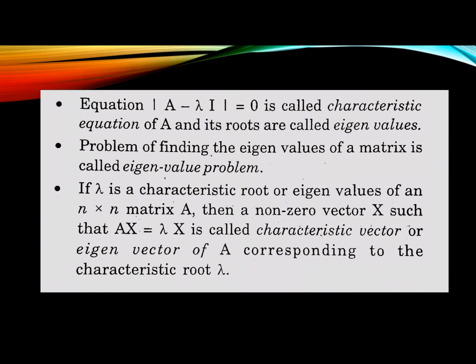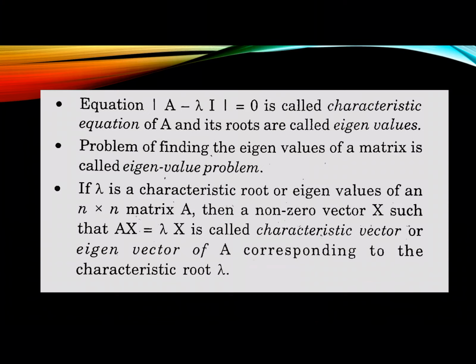There is an equation: the determinant of A minus lambda I equal to 0 is called the characteristic equation of A, and its roots are called eigenvalues. So we are coming to what are called eigenvalues and eigenvectors. First we'll discuss what eigenvalues are.